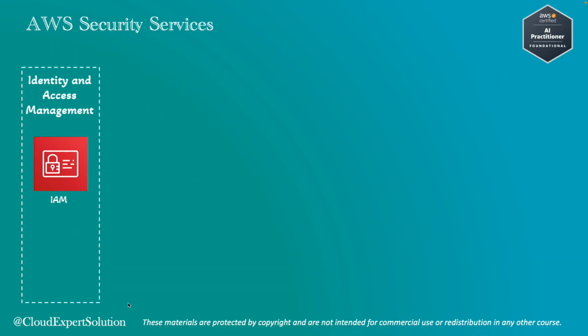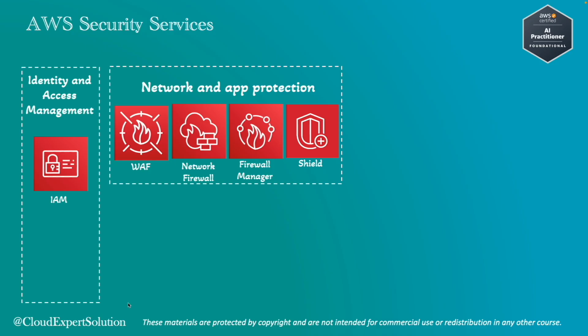First, we have IAM for Identity and Access Management. Whenever you hear access management, identity, user access, IAM could be a potential candidate. Then we have Network and Application Protection: AWS WAF, AWS Network Firewall, AWS Firewall Manager, and AWS Shield.